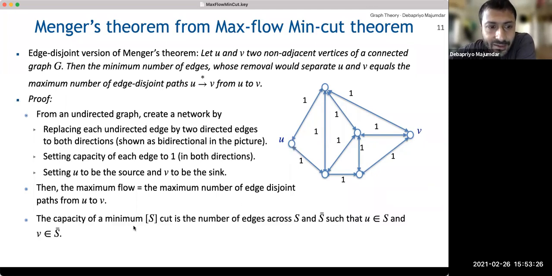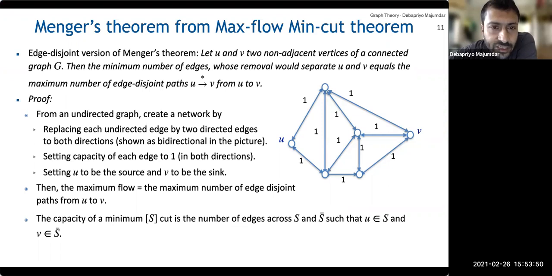And the capacity of a minimum cut is simply the number of edges across S and S bar, such that u is in one component and v is in another component. So essentially, the capacity of a minimum cut will be the number of edges that you need to remove to disconnect u and v.